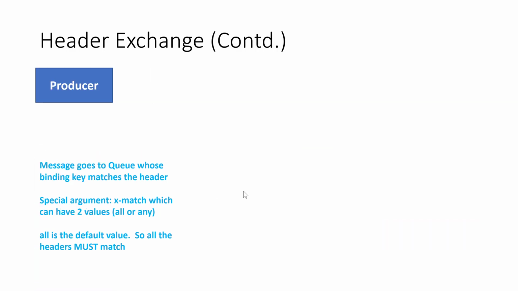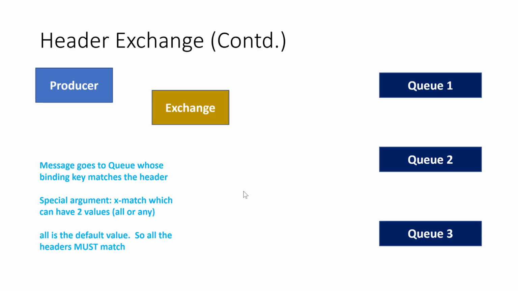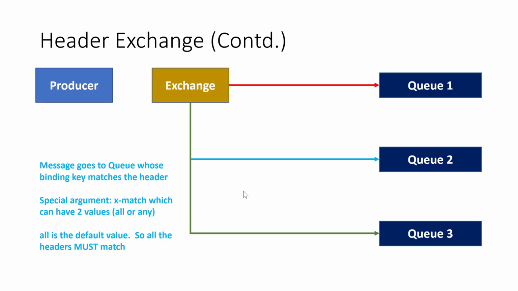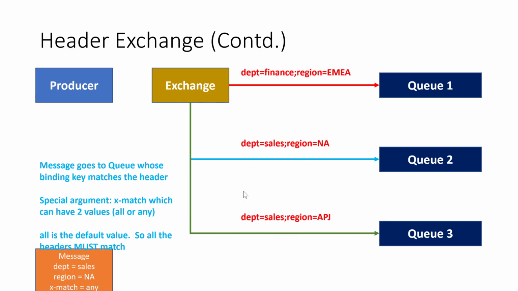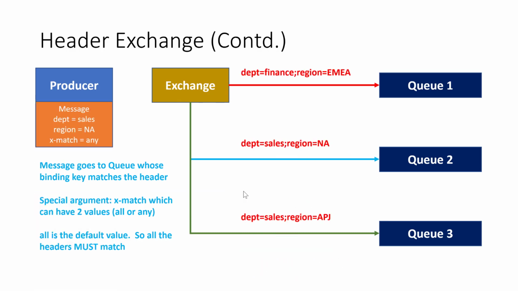Now continuing with the header exchange, so you have the exchange, you have the binding between the exchange and the queues, and you have the message, but in this case we have the special argument x-match, and the value specified is any. So like I mentioned before, it can have two values, all or any.